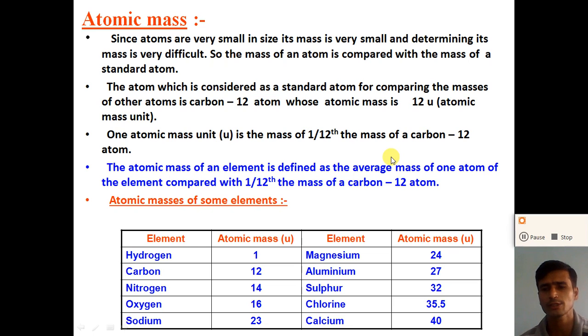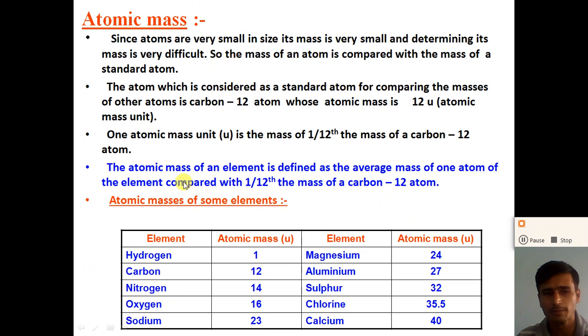It is very small compared to normal mass. So 1 AMU is the mass of the 12th part of the mass of the carbon-12 atom. Here the atomic mass unit is 1/12 of the mass of the carbon atom.